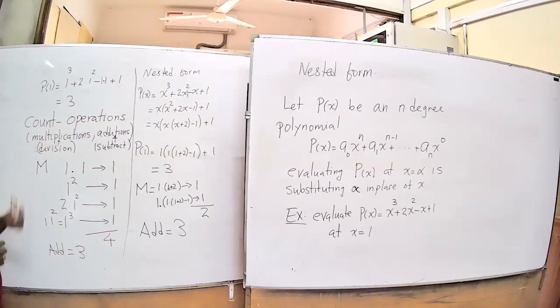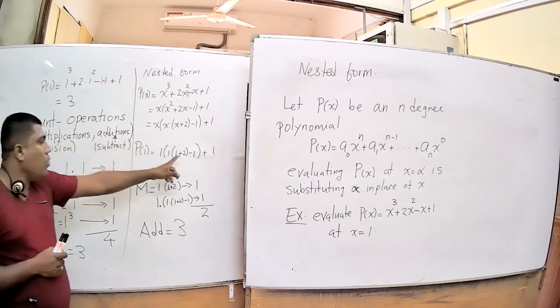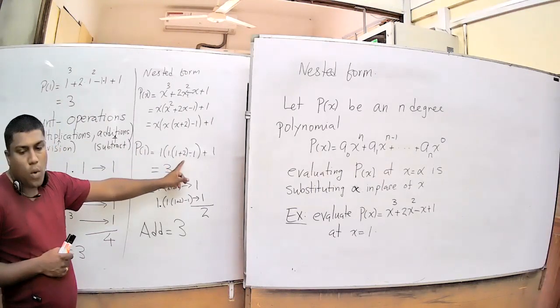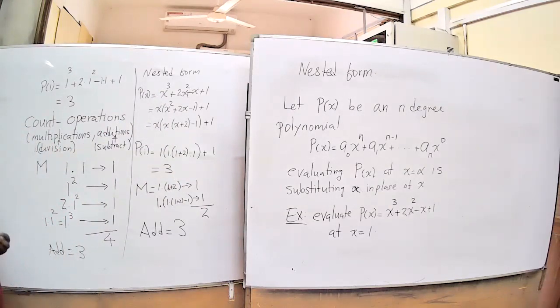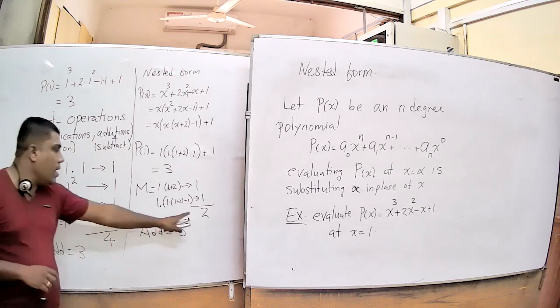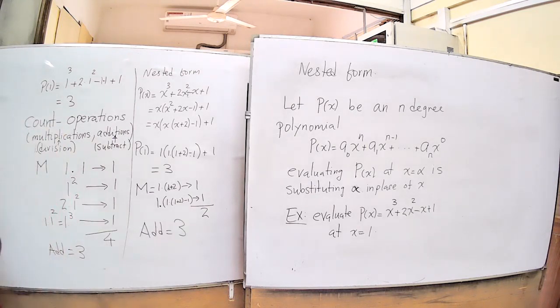So if you go through the nested form, even though this is just a 3rd degree polynomial, where x to the power 3 is the biggest power, you can see there is a big drop in the number of multiplications required. Especially in computer arithmetic, multiplication takes longer than other operations.